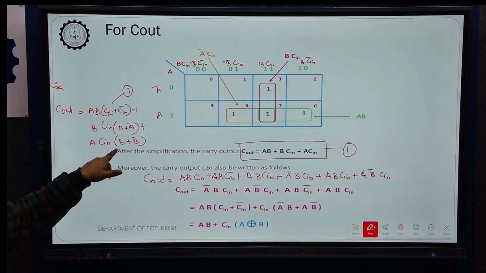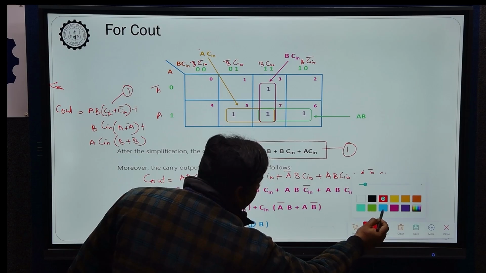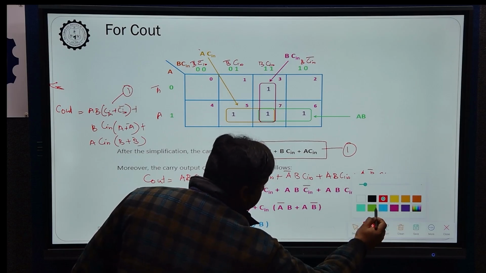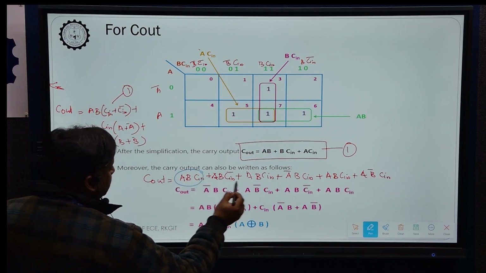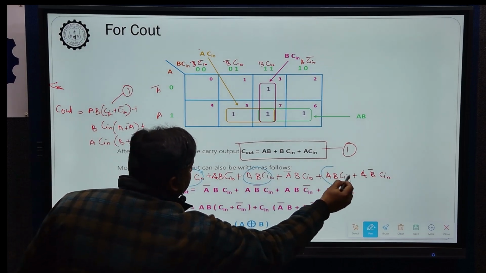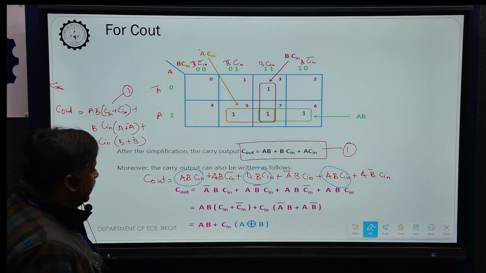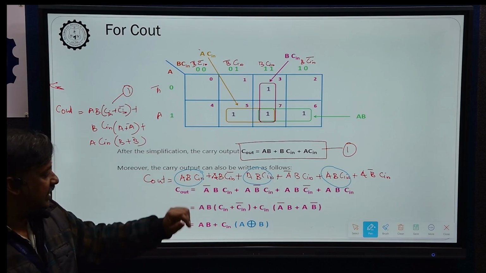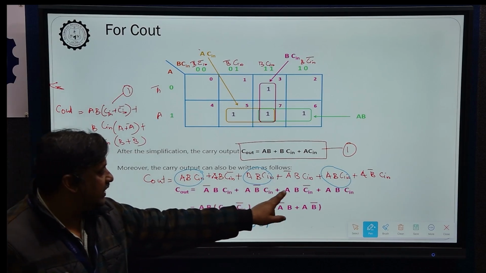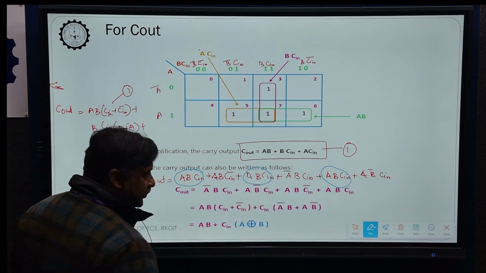So if we expand this one, this will be the equation. In this we have some common terms. ABC in is common, so we will take it once. Then the remaining terms will be there. So our final equation will be A bar B C in plus A B bar C in plus A B C in bar plus A B C in.